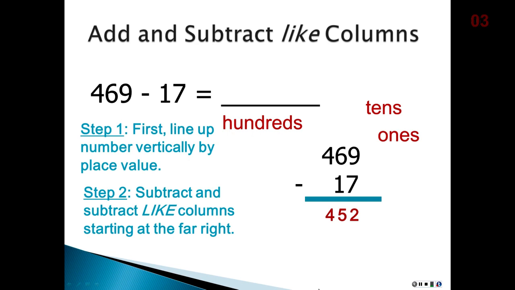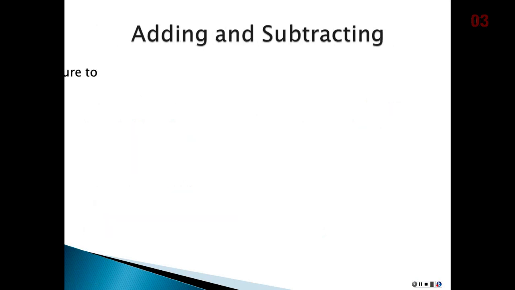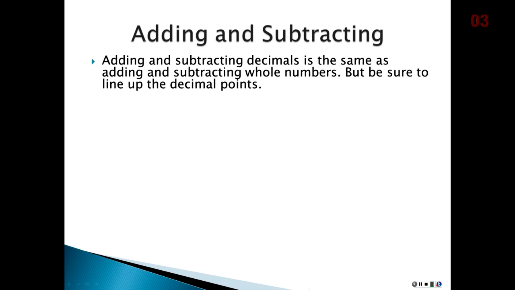So just like we do this with whole numbers, we're going to do the same thing with decimals. And that's why today's assignment should be pretty easy. Just line it up by the decimals. So when adding and subtracting decimals, it's the same as adding and subtracting whole numbers, which we just reviewed. But you want to make sure that you line everything by the decimal point.